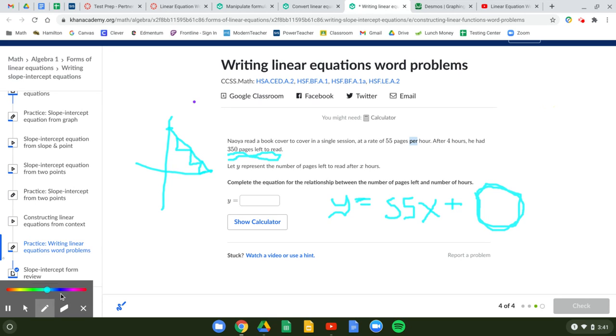So with that being said, I have my slope, and I know that after 4 hours, we are down to 350 left. So I don't know where this starting is, but I know that after, let's say 1, 2, 3, 4, if that's 4 hours, then that's 350.